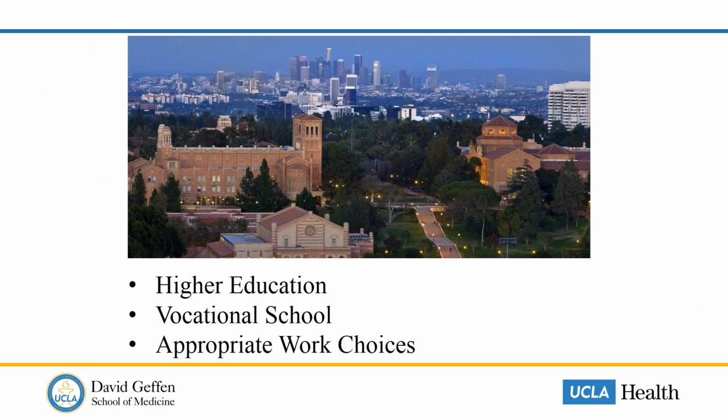I can't stress enough the importance of talking and speaking early about whether or not there's a desire to go on to college or if vocational school would be appropriate, and then appropriate work choices. I can't tell you the number of cardiomyopathy patients who come in and say, I want to be a construction worker who works on high-risk type construction projects, or I want to be somebody who's an emergency medical technician lifting patients from one place to another.